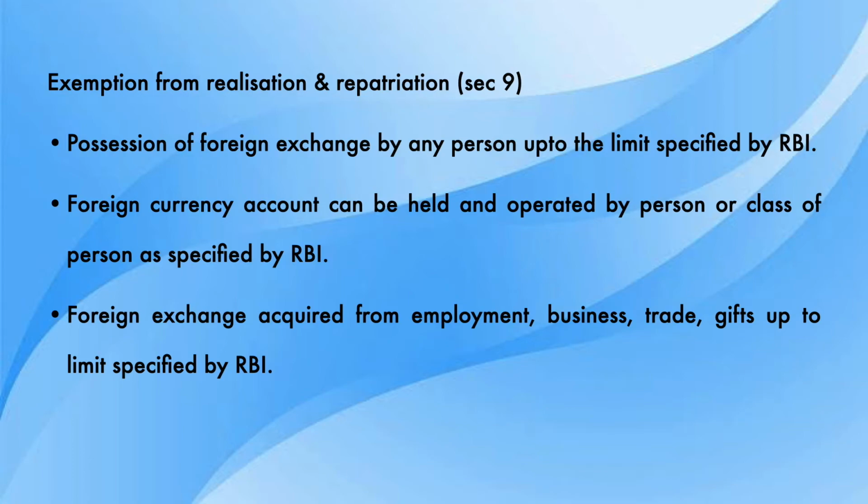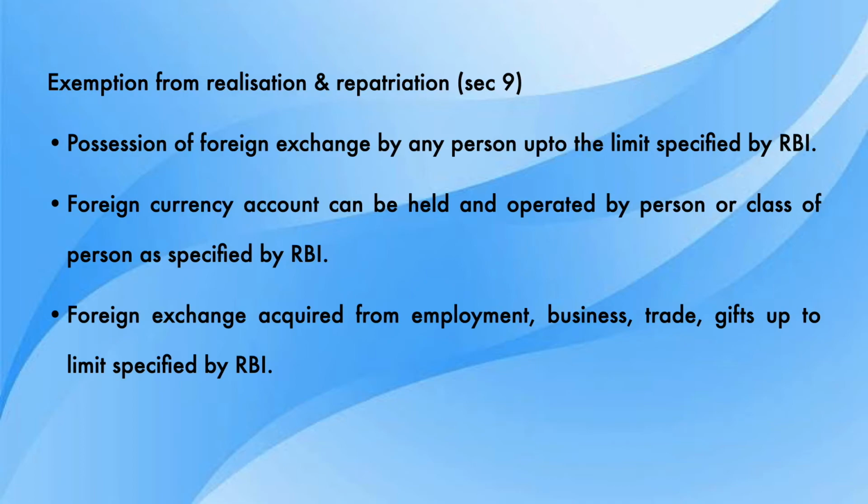Foreign currency account can be held and operated by a person or a class of persons as specified by RBI. So who can hold or operate such accounts? Those people who are specified by the RBI. You remember when we studied the definitions of the FEMA Act, the first thing we studied about was an authorized person.